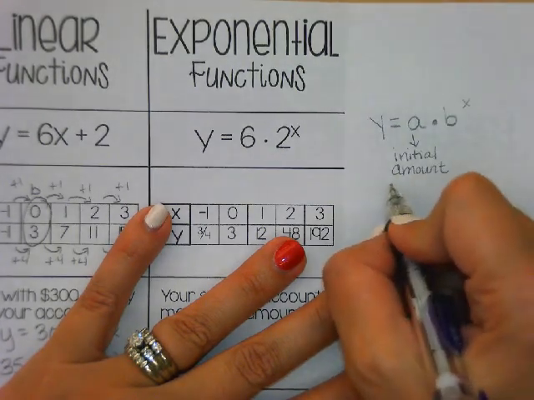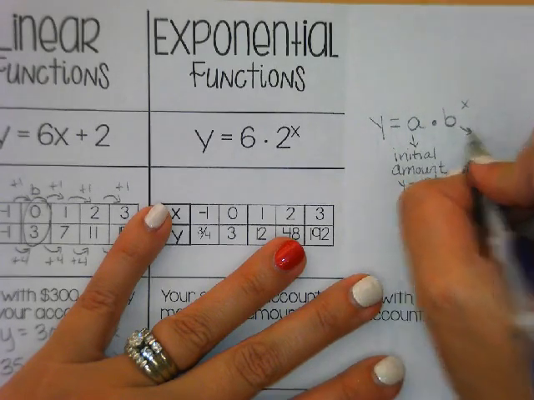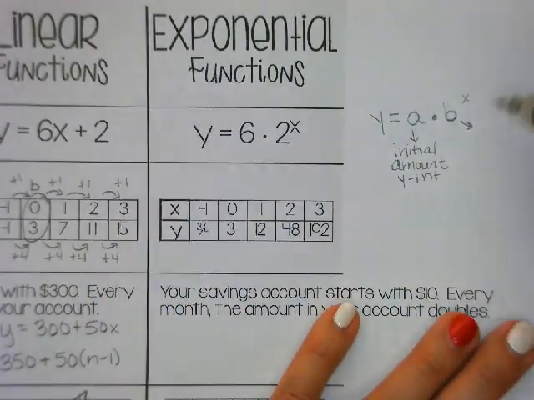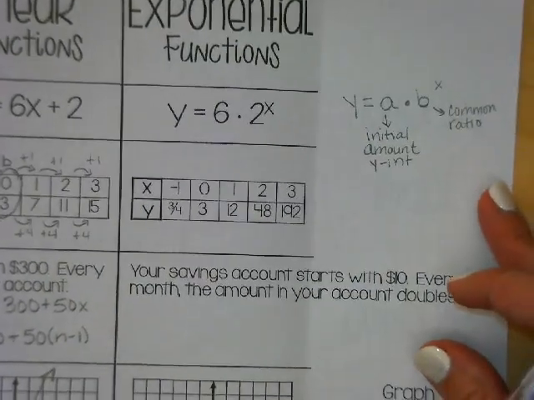Actually, it is the y-intercept. And b is going to be that common ratio that we talked about with our geometric sequence. That's going to be our increase or decrease.